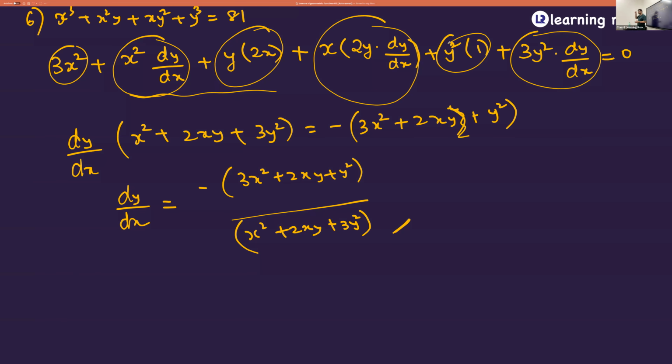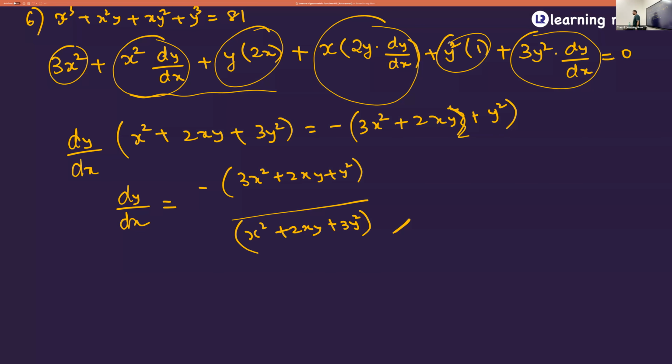But here we don't know what is the function because it's not explicit, it's implicit. We don't know what is the function. Dx by dy, there is no significance.